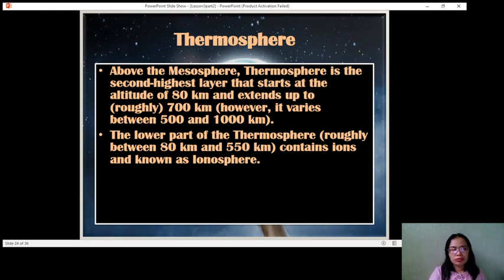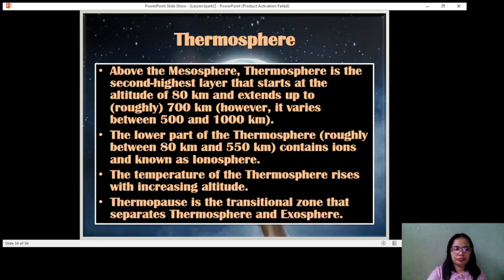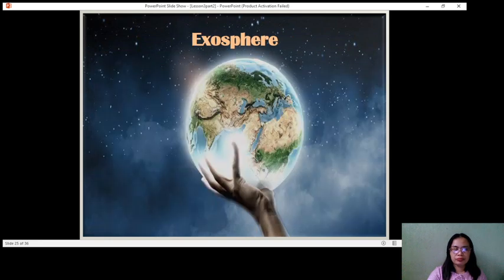The lower part of the thermosphere, 80 km to 550 km, contains ions and is known as ionosphere. The temperature of the thermosphere rises with increasing altitude. Thermopause is the transitional zone that separates thermosphere and exosphere.